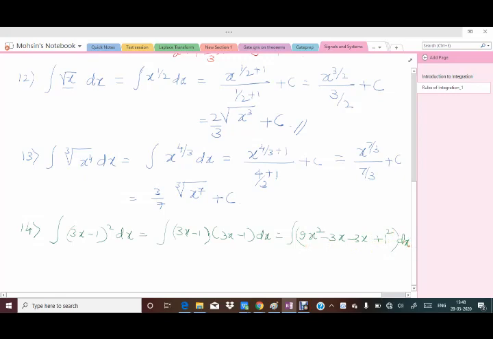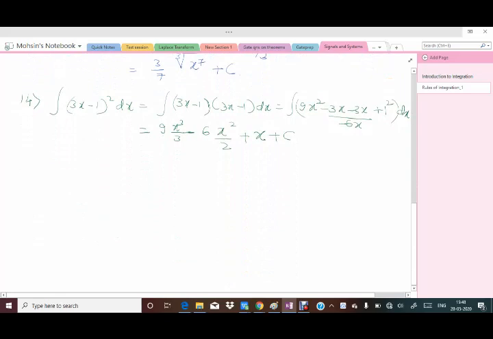Okay, so now we can evaluate the integration of this expression. So that is going to be 9 times x cube by 3 minus, so here minus 3x and minus 3x we can combine as minus 6x. So I can write here minus 6 x square divided by 2, then plus x plus c.